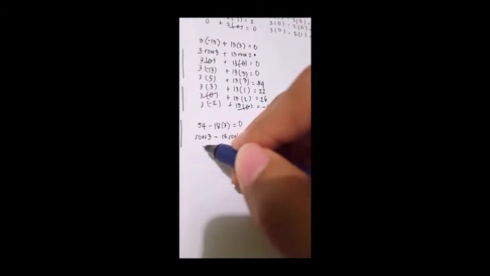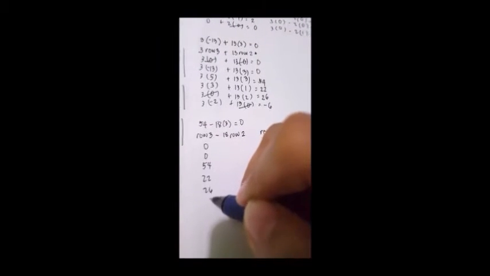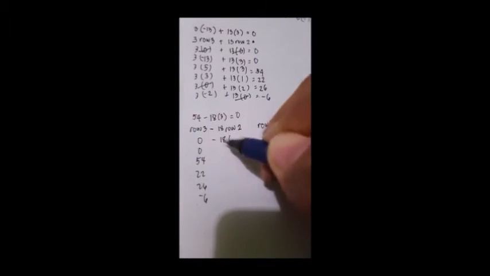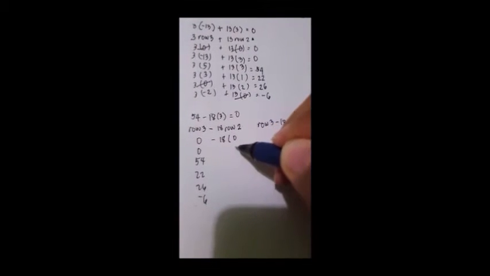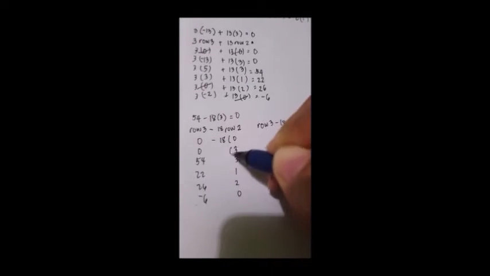So, row 3, we have 0, 0, 54, 22, 26, and negative 6. Minus 18 times, we have row 2, 0, 3, 3, 1, 2, and 0.